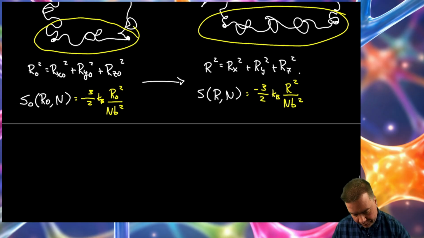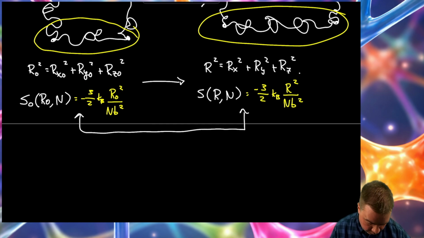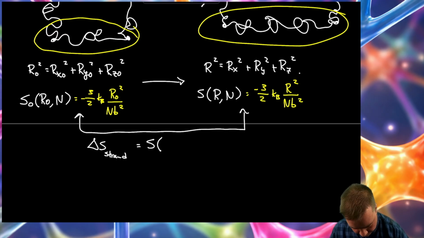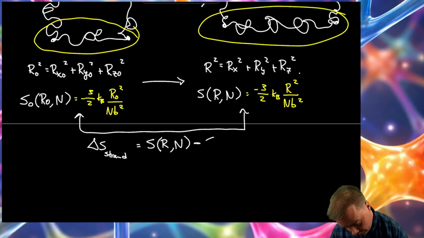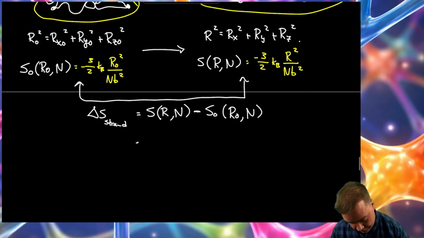And what we would like to do next is take these two expressions for the entropy and form delta S, let's say for the strand, upon stretching it and going from R0 to R. We want the change in entropy of that process, which would be the entropy of the strand with size R and N segments, minus its initial state, minus where it started, which is S0 of R0 and N. And so we can compute these right now.